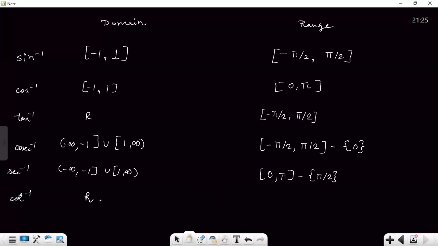Again, the domain is real numbers, and the range is 0 to pi, excluding 0 and pi. So this is the domain and range of inverse trigonometric functions.